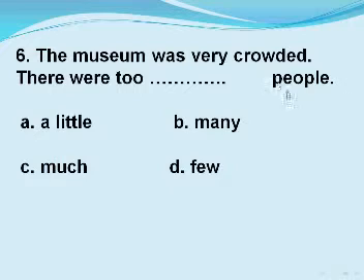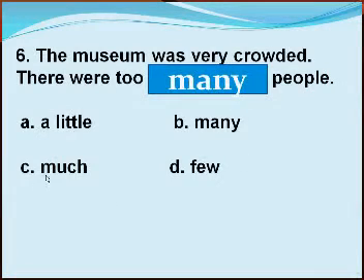People is a countable noun. We can say 1 person, 2 persons, 3 people. Much is not an option here because it goes with uncountable nouns. So there were too many people.